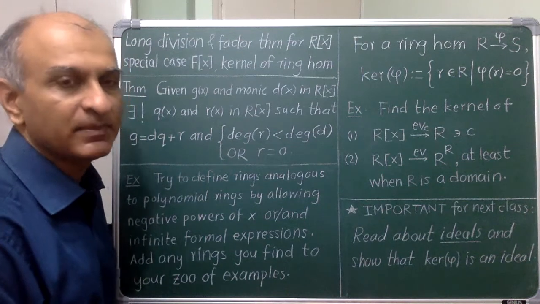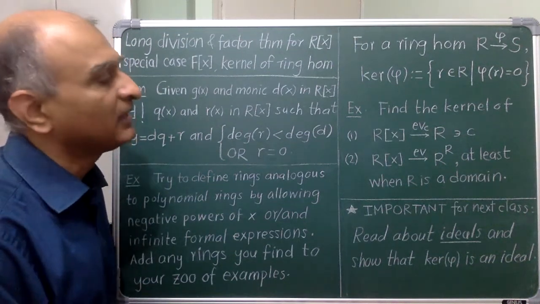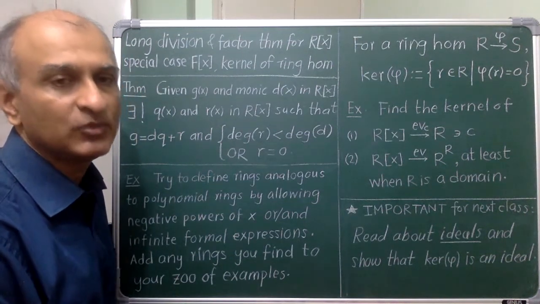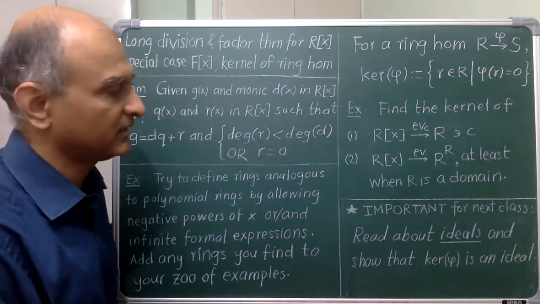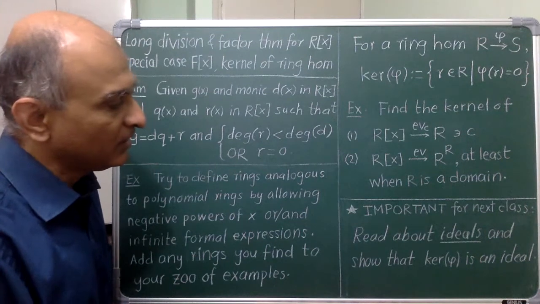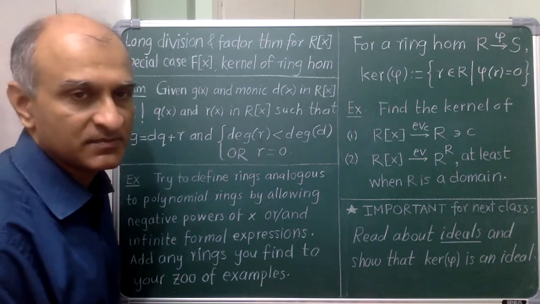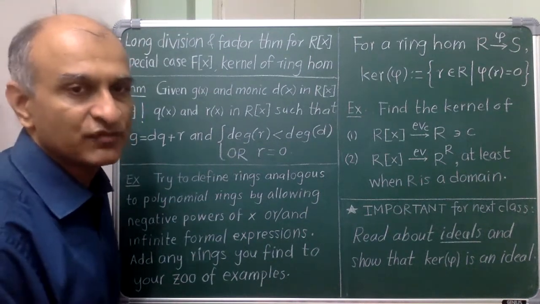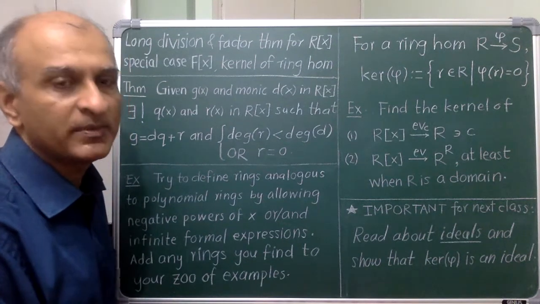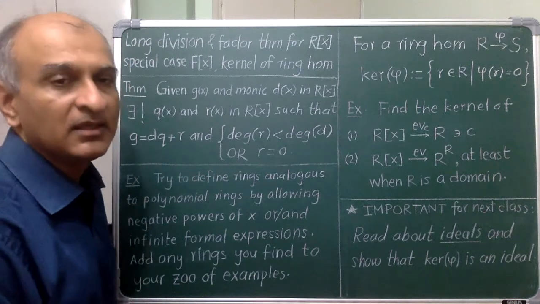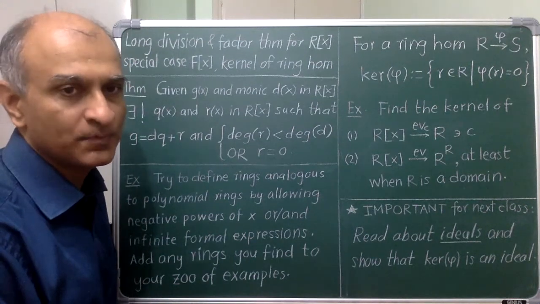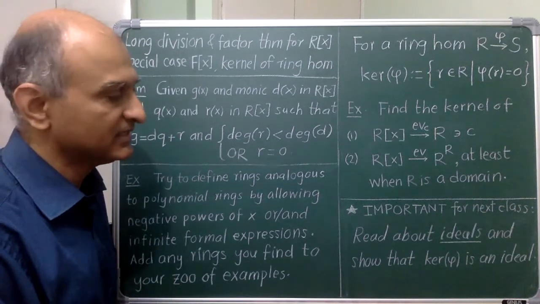The second example will be useful in showing that any real polynomial can be uniquely recovered from the function that it defines, as we said earlier. Kernels of homomorphisms, as in the case of groups and vector spaces, are going to be absolutely critical to our study. We will see that kernels are not just subgroups, but something called ideals.